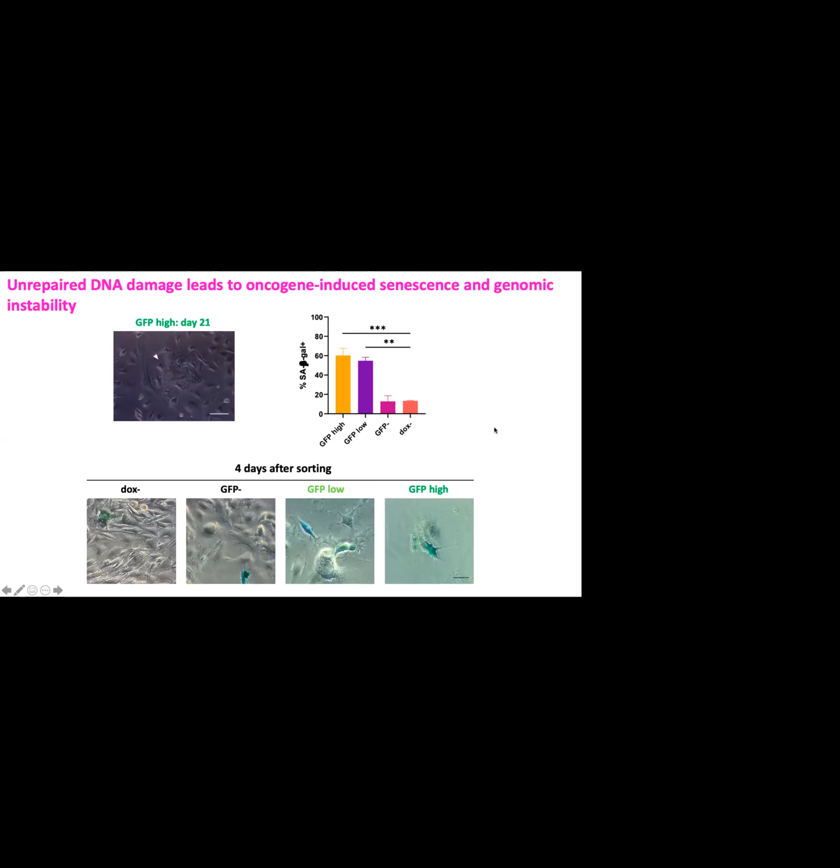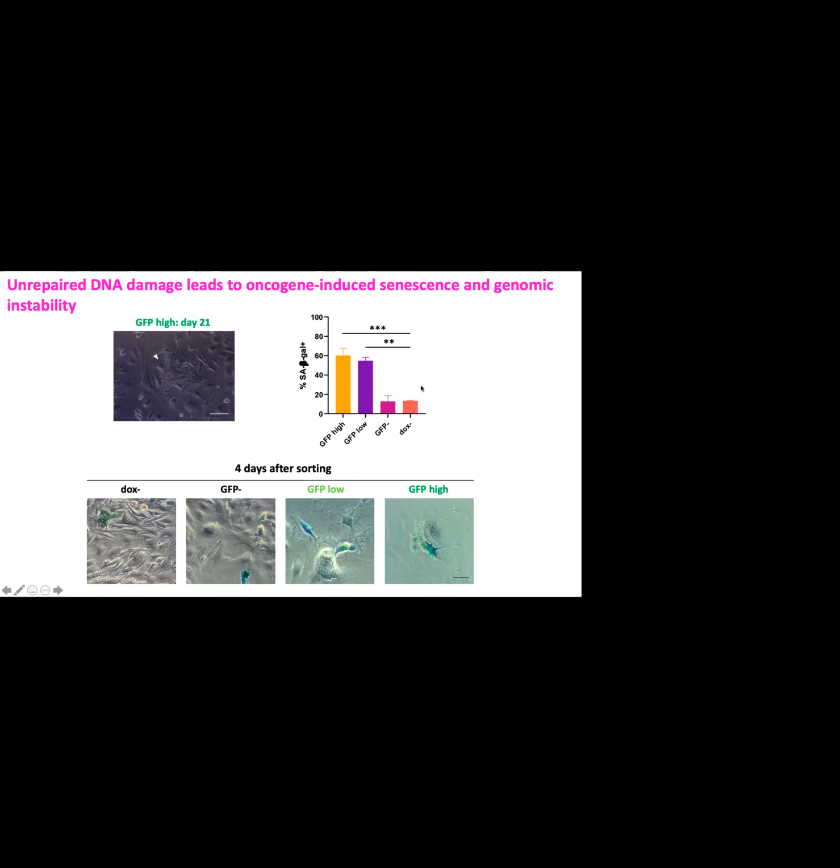And again, we then looked a bit later on and we noticed these cells in the culture that had that typical senescence morphology, so quite broad and flat. And then again looked at senescence associated beta galactosidase staining. So again, just a really well-known way of defining senescent cells.